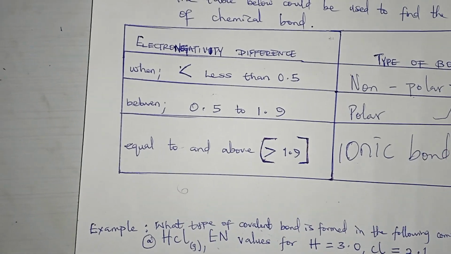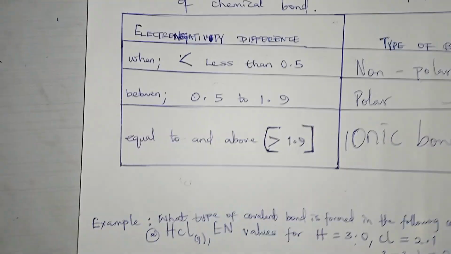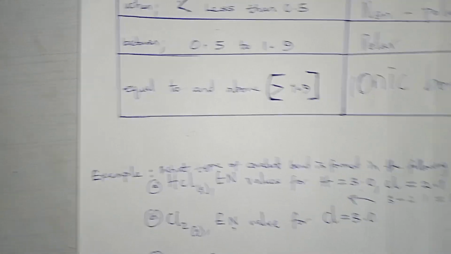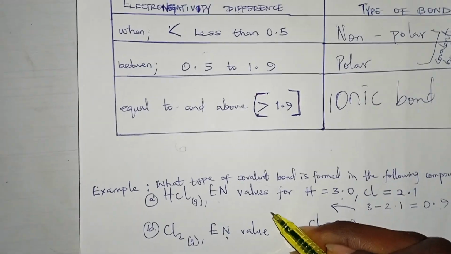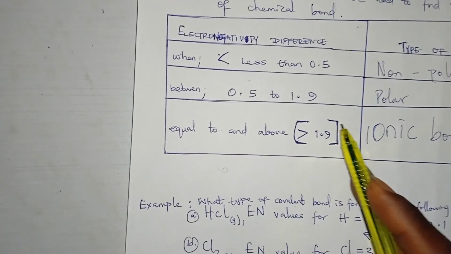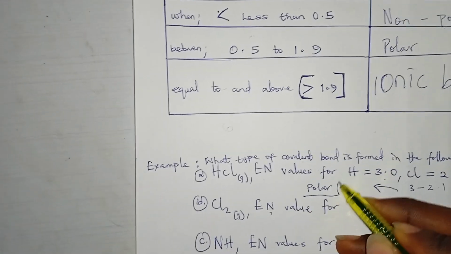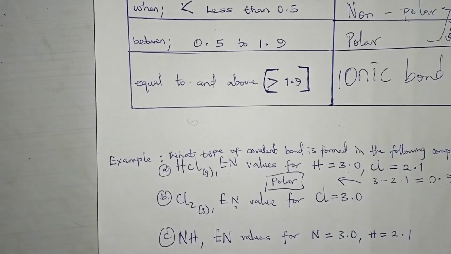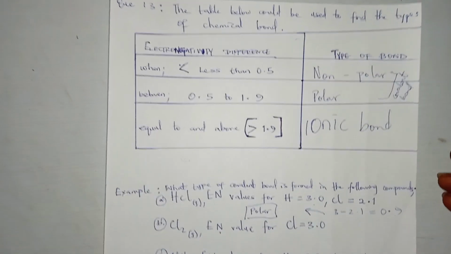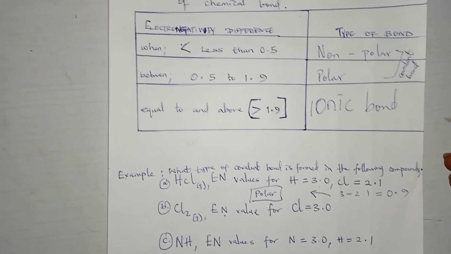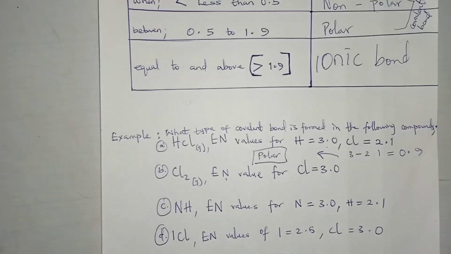Yes, it is. So if 0.9 is greater than 0.5, that means it is going to be a polar covalent bond. It's polar because 0.9 is in between 0.5 and 1.9. So it's polar covalent bond.